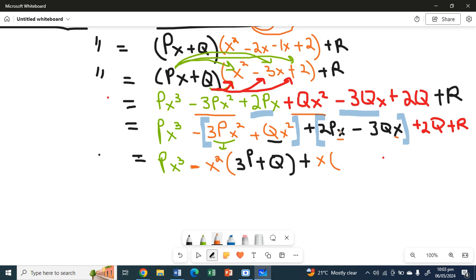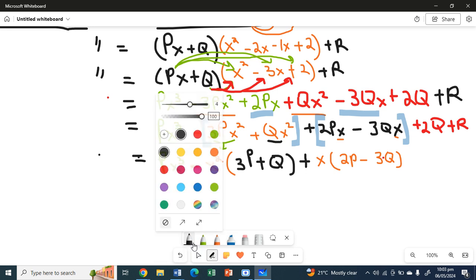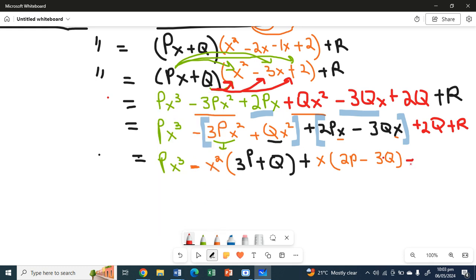So 2px divided by x, that is 2p, minus 3qx divided by x, we get 3q, plus 2q plus r.